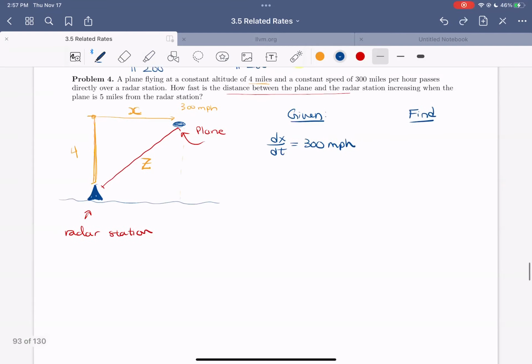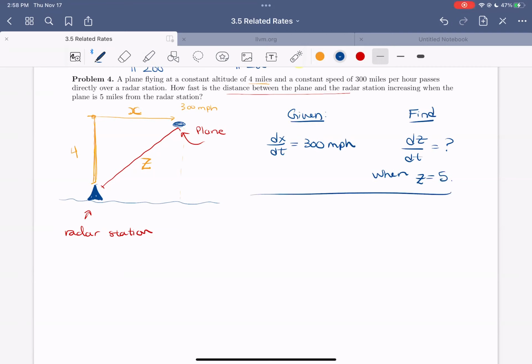So that means the change of this distance is just 0. And we want to find, so maybe we'll put that in the find category, the change of Z with respect to time when Z is equal to 5.